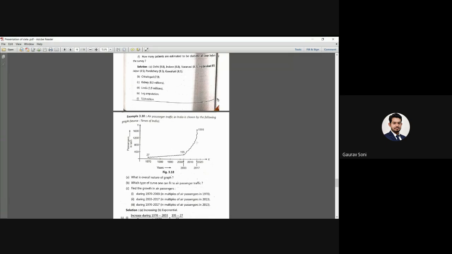If I put f of 2025, I'll get the estimated number of air passengers in 2025. That is why this is done: a curve is fit for the given data, and then we can estimate the future values. This is the same thing done in data science, and regression or curve fitting is a very important part of it.